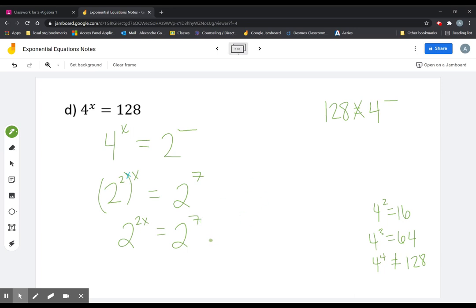So now we want to just write 2x is equal to 7. We can write it as x equals 7/2. And that's it for the first part of exponential equations.